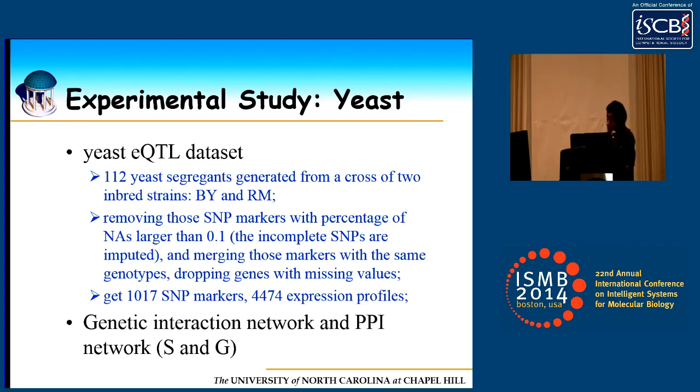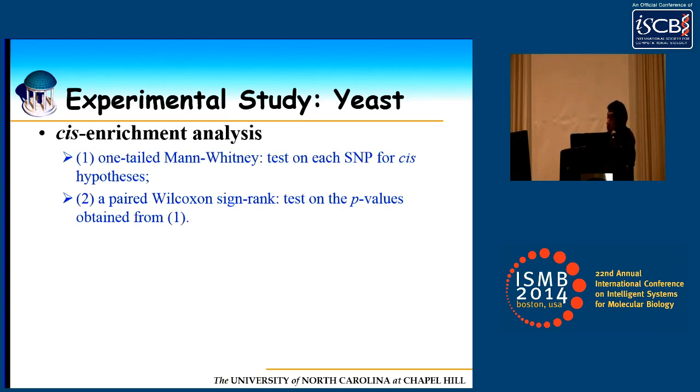The cis enrichment analysis contains two steps. The first step is to do a one-tail Mann-Whitney test on each SNP for the cis hypothesis. The second step is to do a pairwise Wilcoxon signed-rank test on the p-values obtained by the first step for the two methods, to see if the p-values for the two methods are significantly different or not.